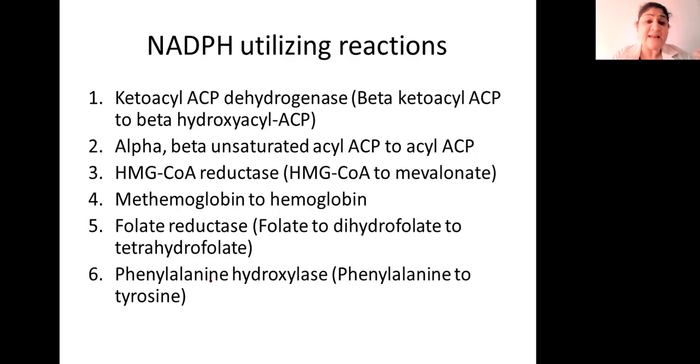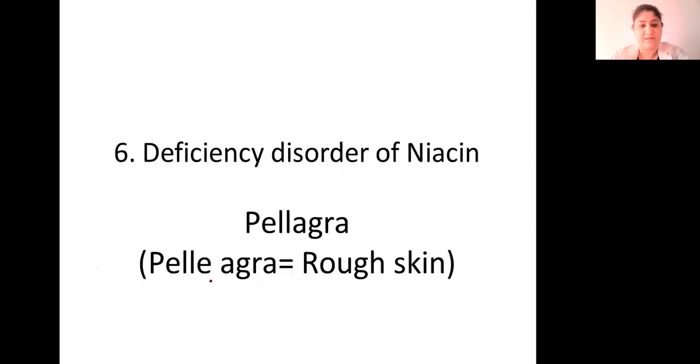Then you have NADPH utilizing reactions like beta ketoacyl reductase, alpha beta unsaturated acyl ACP to acyl ACP conversion, and HMG-CoA reductase enzyme, methemoglobin to hemoglobin conversion, folate reductase, phenylalanine hydroxylase. So all these are NADPH utilizing reactions.